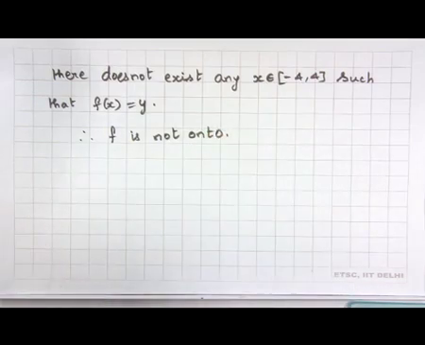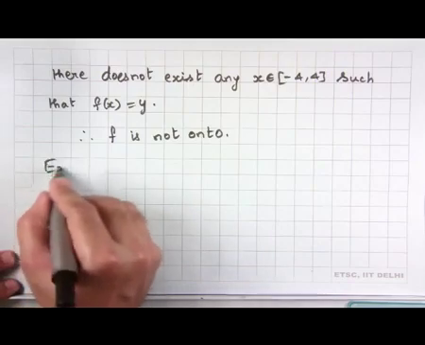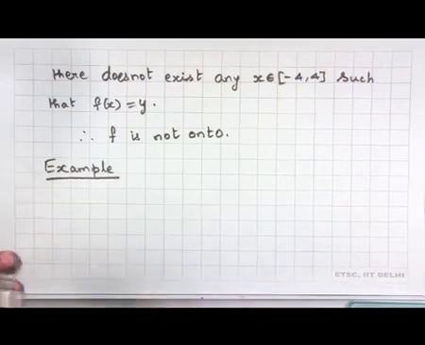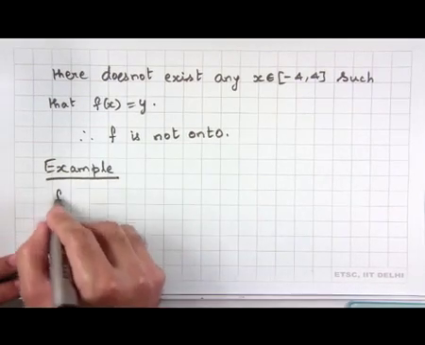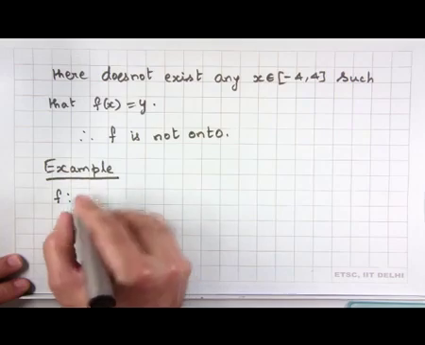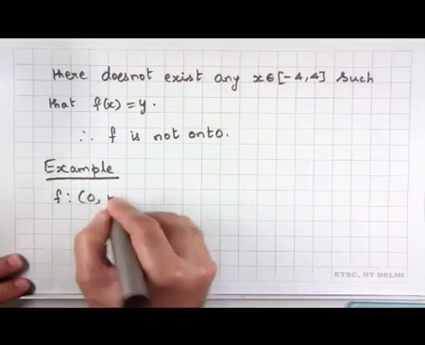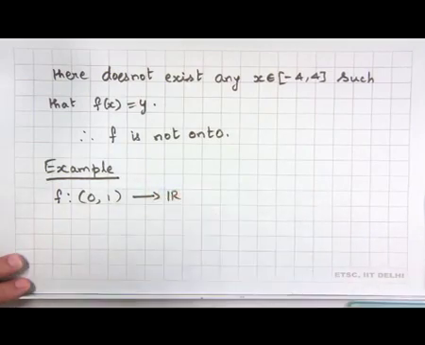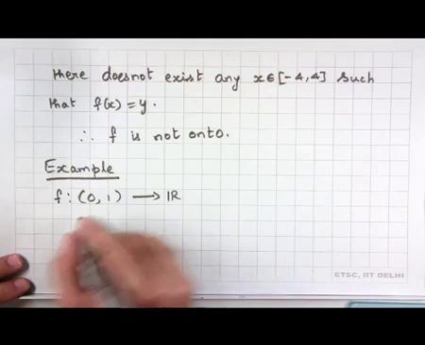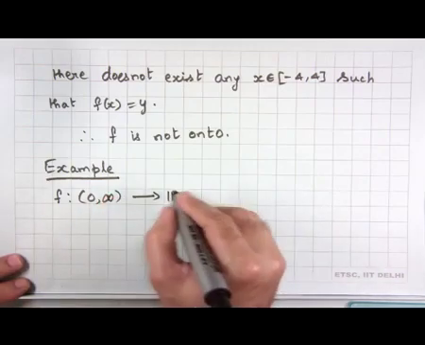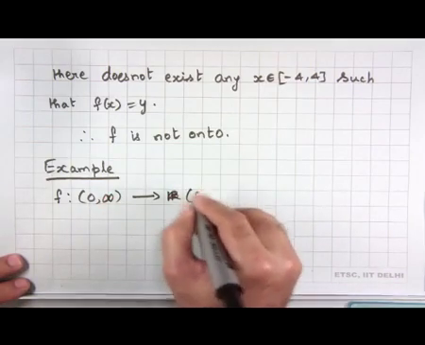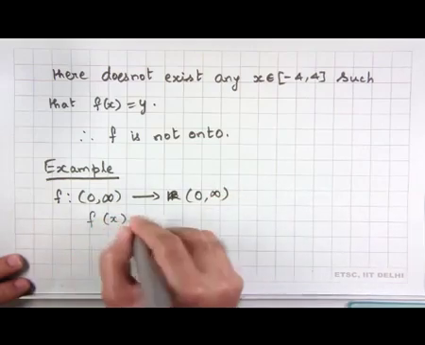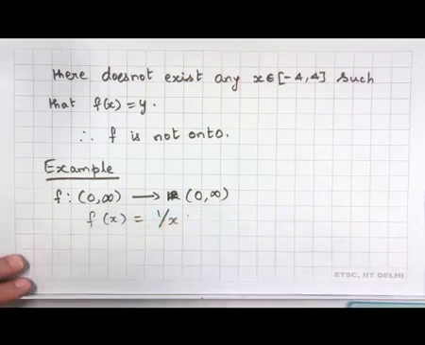Right. Now, let us do one more example. Let us look at this one, f from the interval 0 to infinity to 0 comma infinity given by f x equal to 1 by x.